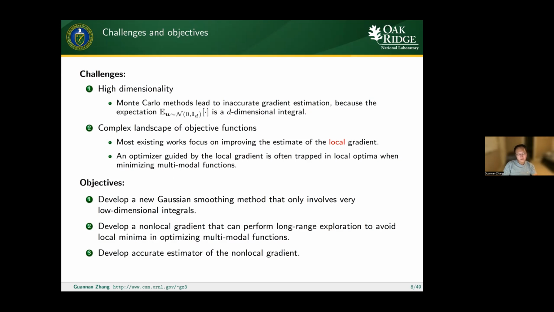Because it's a 1D integral, we can perform non-local exploration to define a non-local gradient that can avoid a lot of local minima in optimizing multimodal functions. And because it's only 1D integrals, we can use much more accurate numerical integration schemes to estimate the non-local gradient.